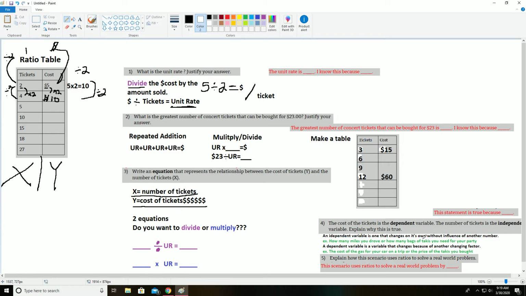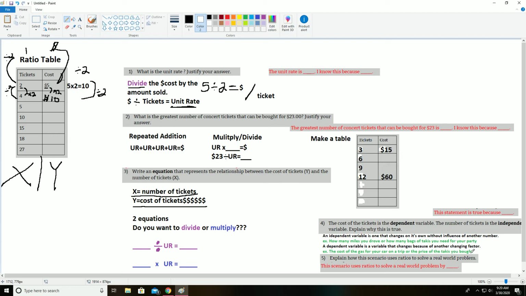So examples of this are maybe how many miles you drive in your car, or how many bags of Takis you need to buy for your party. A dependent variable for these independent variables would be things like how much the gas costs for the miles that you drove. And then a dependent variable for the Takis that you needed for your party would be how much the Takis cost.